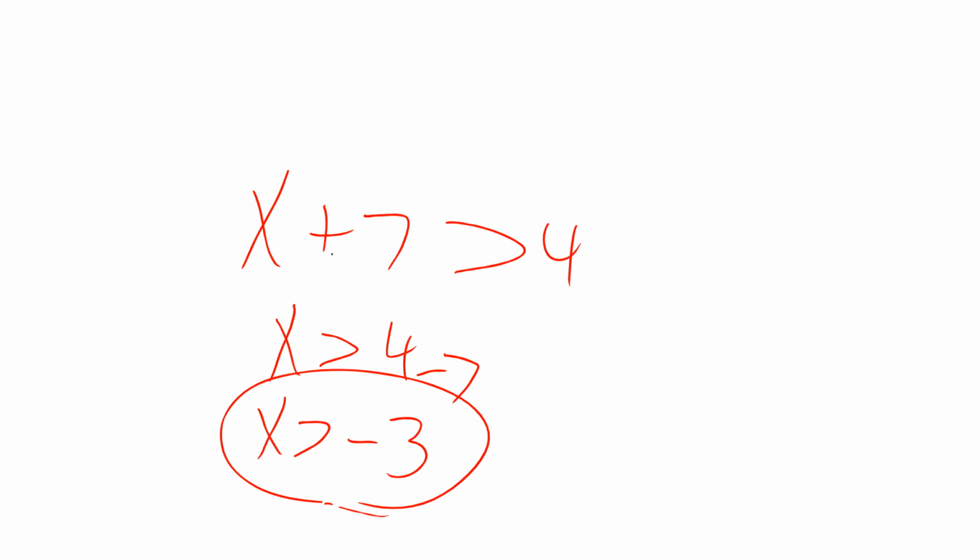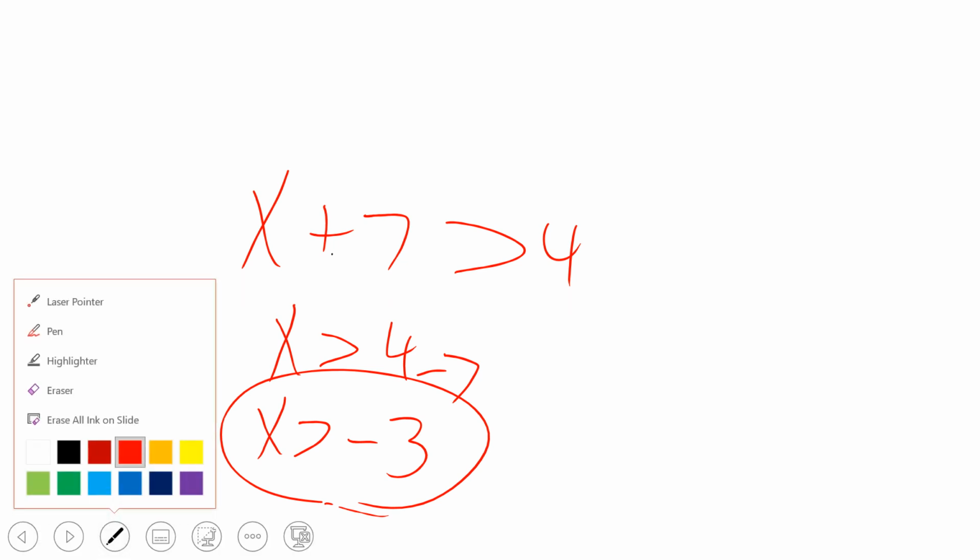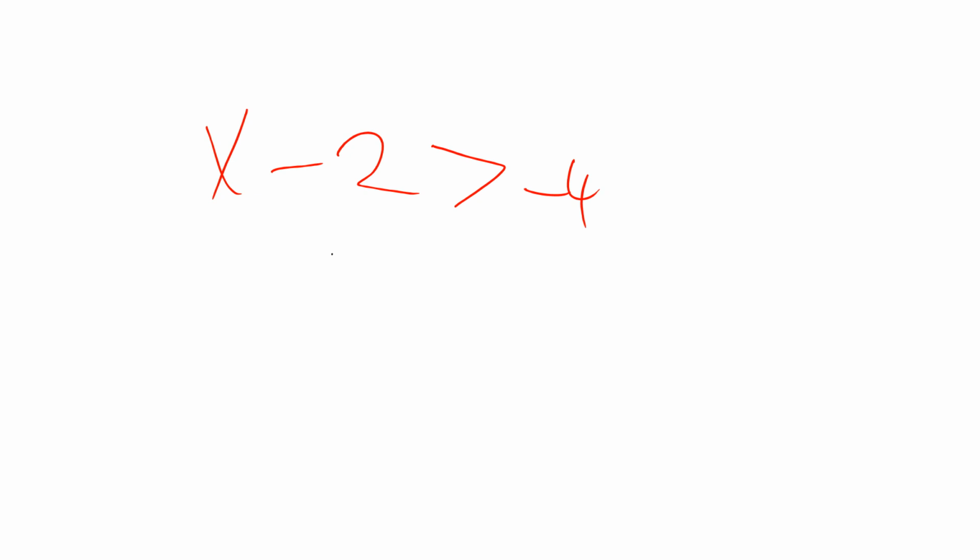So when we have an inequality and we divide by a negative number, we need to flip the inequality sign. So let's say we just have an inequality like x minus 2 and minus 4.